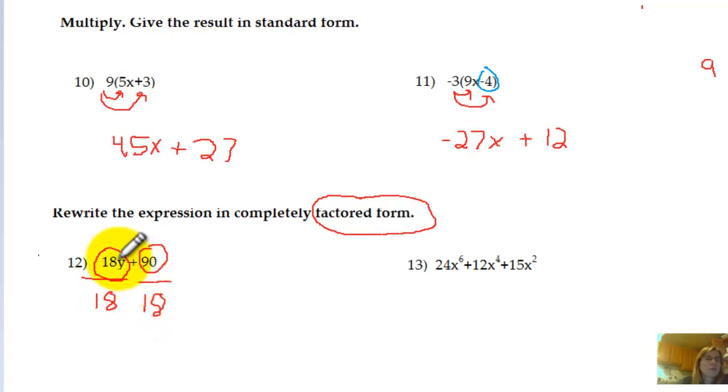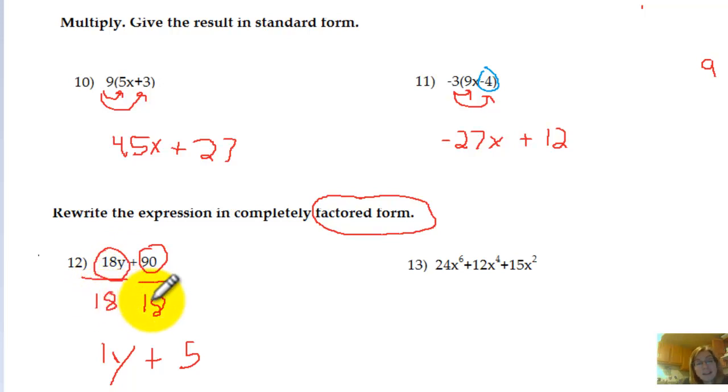So when we reduce, 18 over 18 becomes 1, so it's 1y plus 90 over 18, and we saw in the calculator 18 times 5 is 90, so this becomes 5 when you divide. So the inside is reduced to y plus 5, but you're not done.